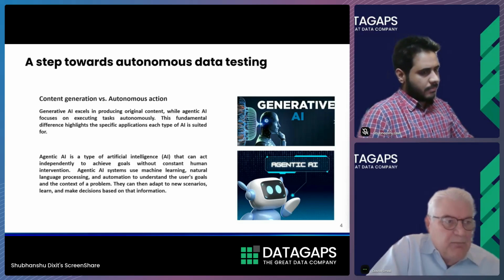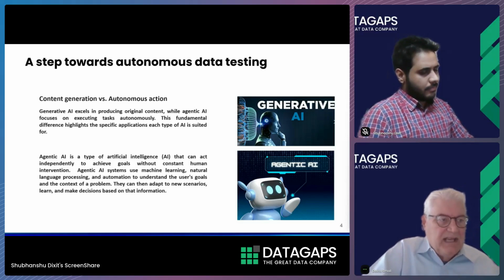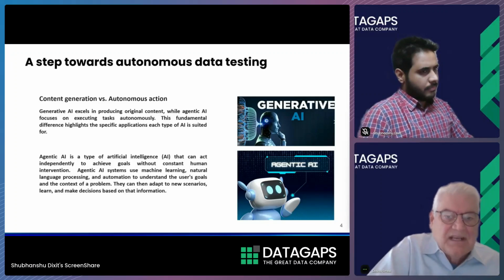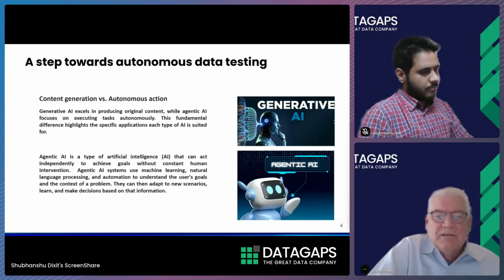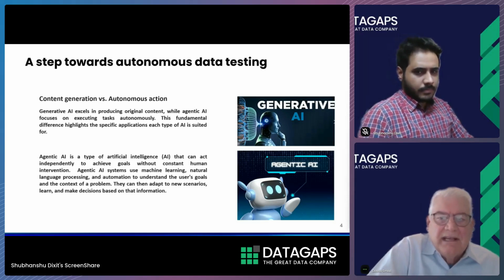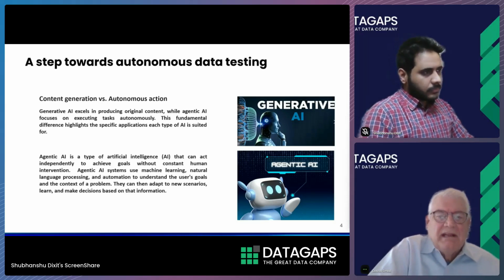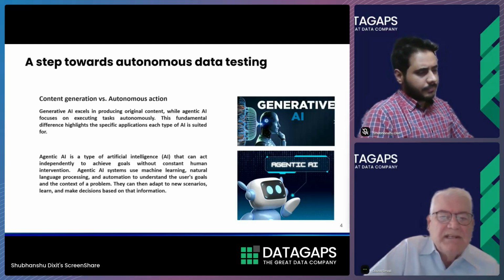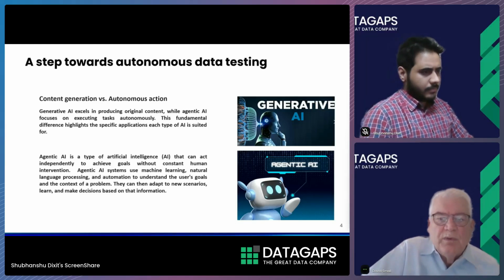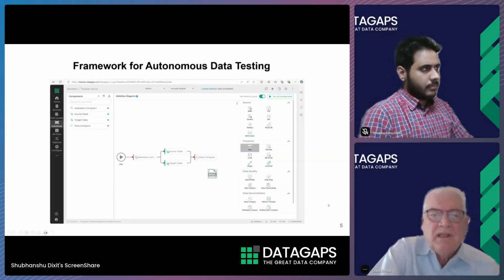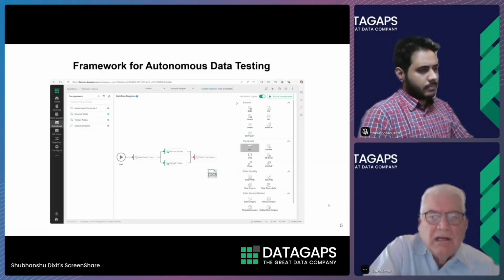Think of it as being able to actually create test cases, and then the results of those test cases being viewed and understood by agentic AI and decisions made. I'll go through that in a little bit more detail.